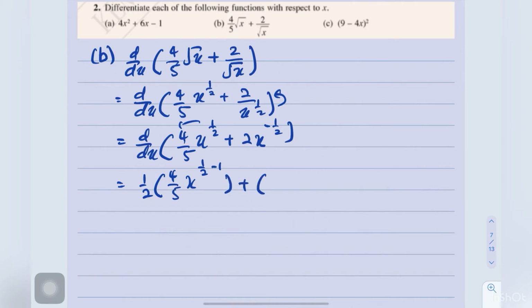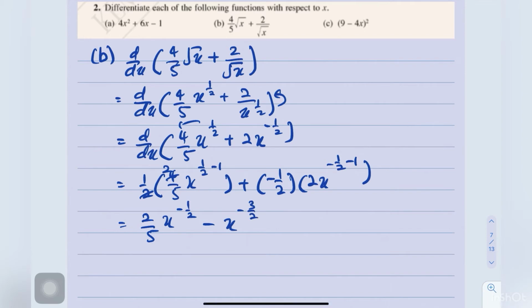plus negative 1 over 2 times 2x to the power of negative 1 over 2 minus 1. Here we have 2 over 5 x to the power of negative half minus x to the power of negative 3 over 2.